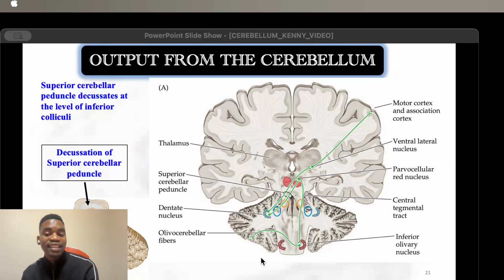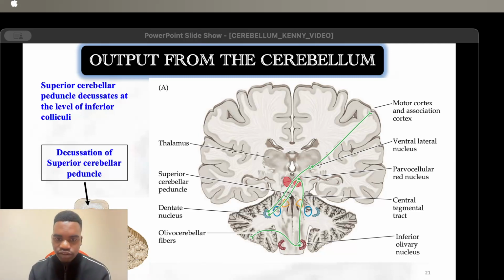So this double decussation explains the ipsilaterality of the cerebellum. Why? Because these fibers crossed the midline two times. It went and then it came back.